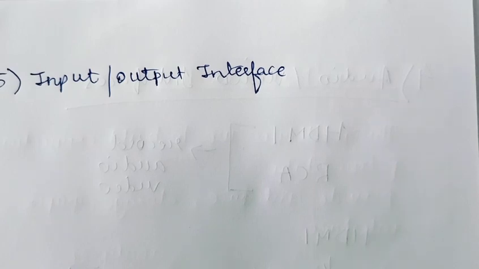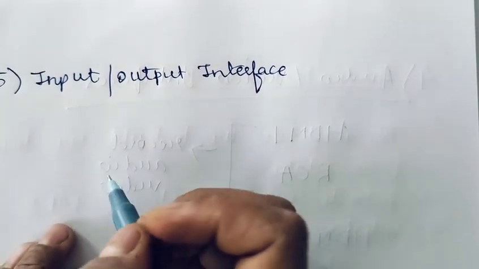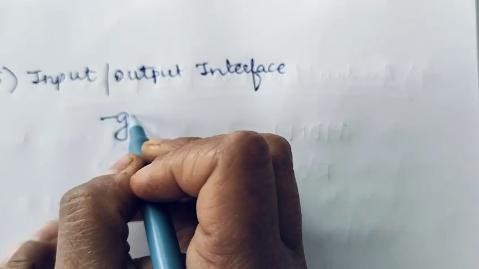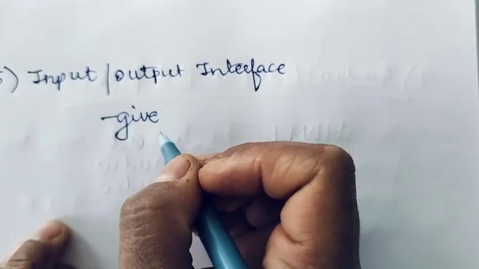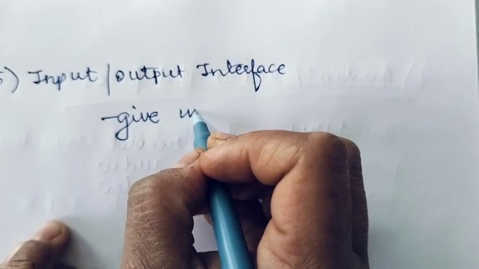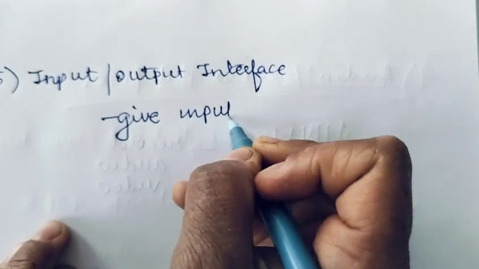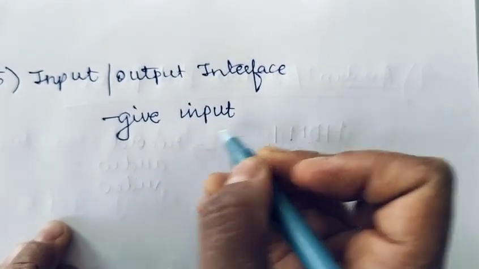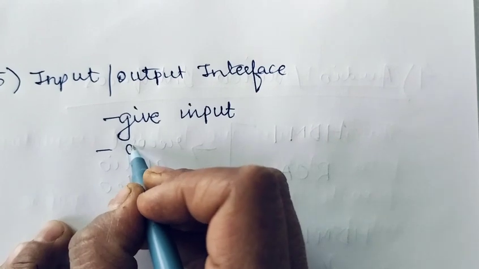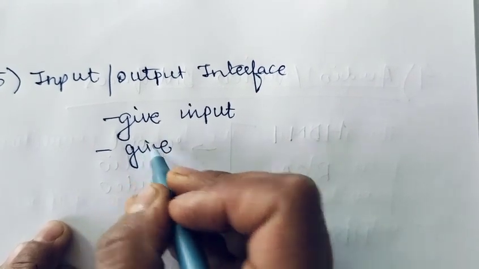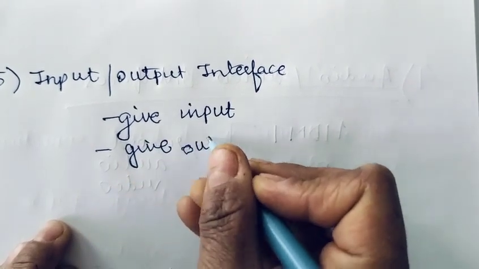So what is your input and output interface? Basically, to capture any data the device needs to get input, and after capturing and processing the data, it has to give output.